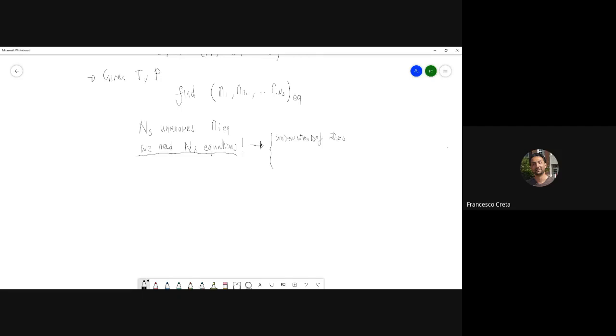How many equations or relations can I write down to establish this principle? Well, if we have Ne elements or Ne elemental species, in the case of hydrogen and oxygen, atomic hydrogen and atomic oxygen, these are the elements. We have essentially Ne relations or equations.